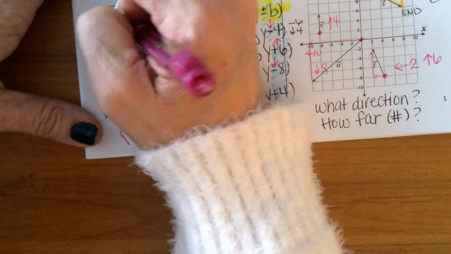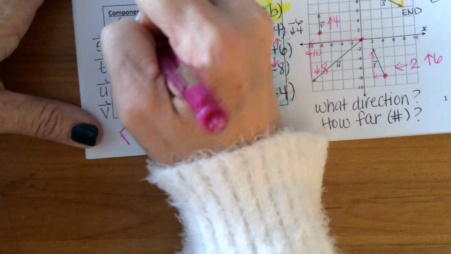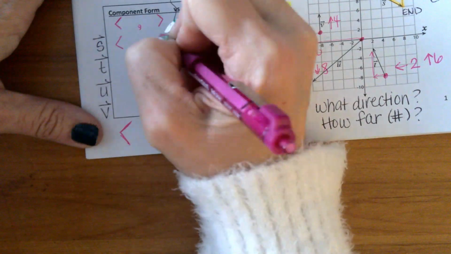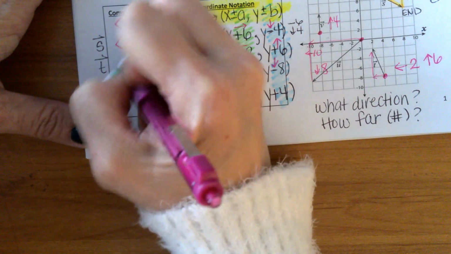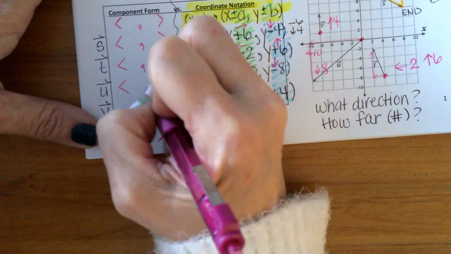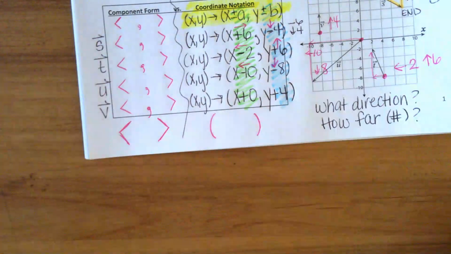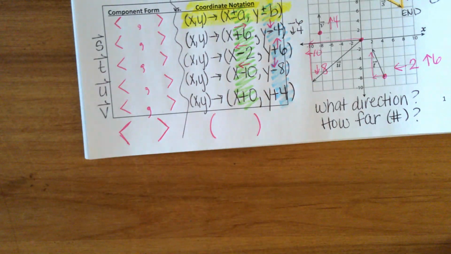So this right here, I'm going to put arrows here. I need a comma in between. And in fact, just go ahead and do that all the way down. We'll just save some time. So I'm making these little pointed brackets, and I'm putting a comma in between. Kind of like I would if there was an ordered pair.